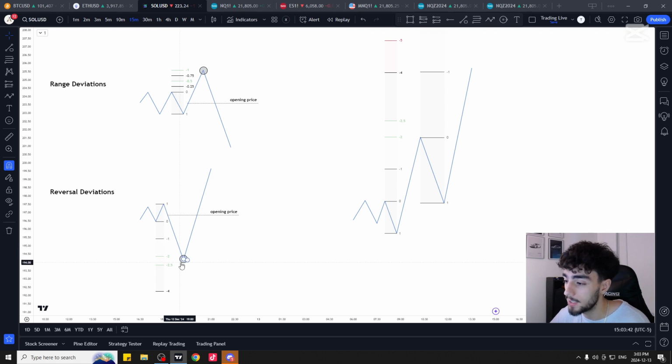So expand towards -2, -2.5. It can reach 4. If it's 4, then I'm a little bit more skeptical that this might just be a continuation profile. Ideally, I'm looking for -2, -2.5. But again, 4 is like your final target. That's 4 times the impulse leg that we went lower.